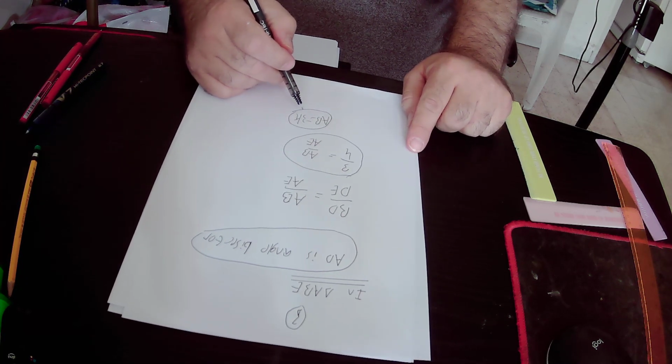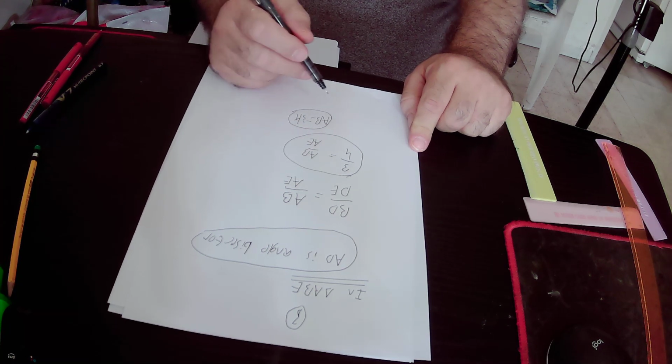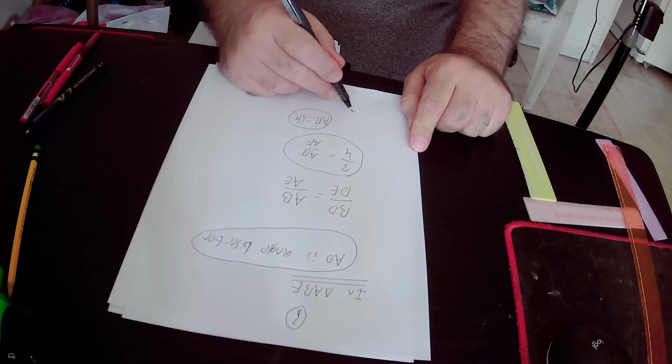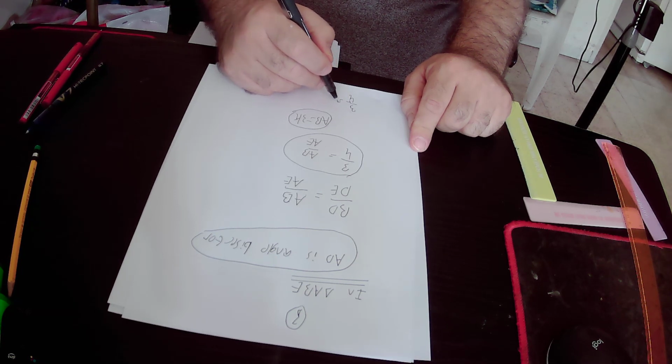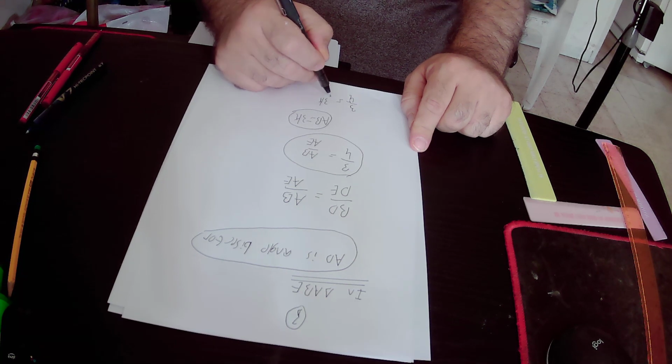AB equals 3K according to our definition, and we will find out the value of AE if AB equals 3K. So we substitute AB in this equality by 3K, and we get 3 over 4 equals 3K over AE.